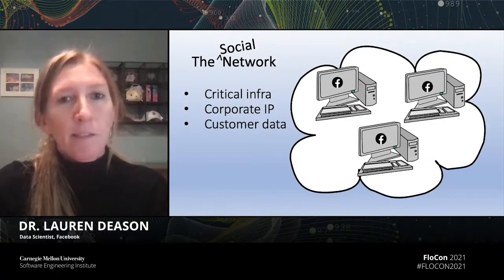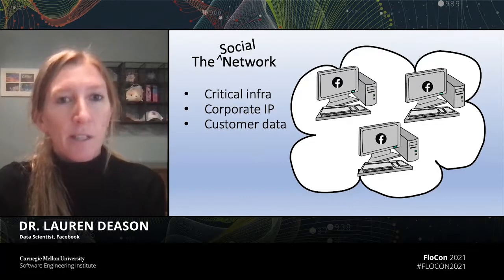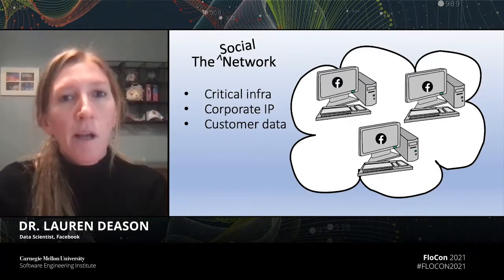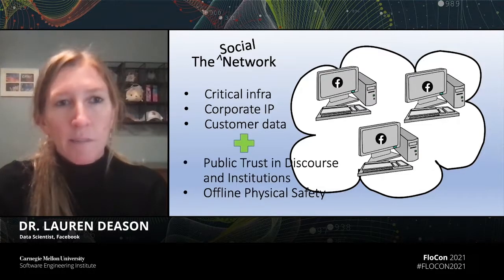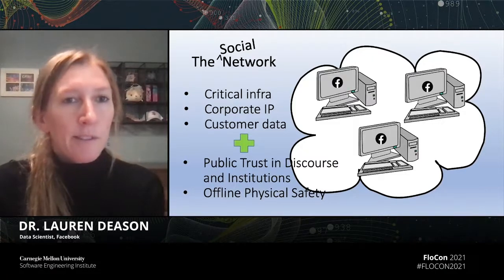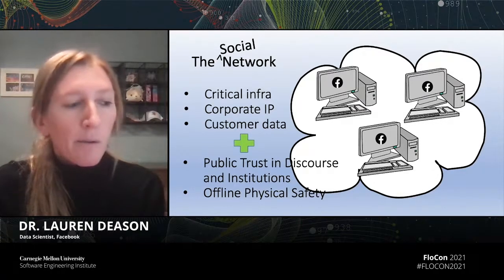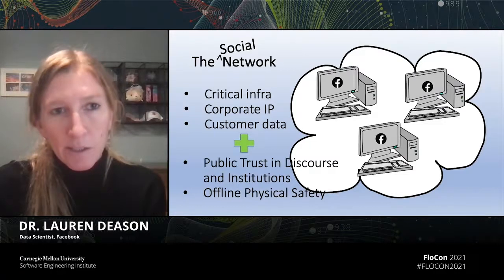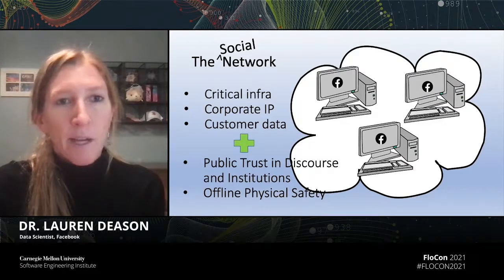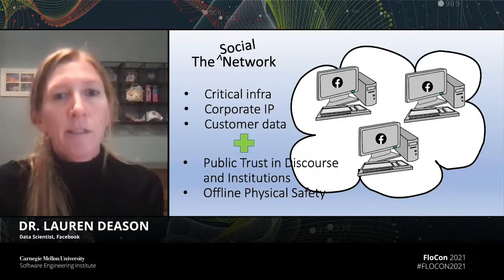So at a company like Facebook, we obviously still have the need to protect all of these standard network defense targets, the infrastructure, IP, sensitive data. But in addition, there's a few more dimensions that make some of the applications here somewhat unique in a social network environment. So specifically, we also might include in scope public trust and discourse in institutions. So you can think about malicious actors on a social networking platform engaging in impersonation or other deceptive behavior that might cause people to lose faith in public conversation or institutions, such as elections.